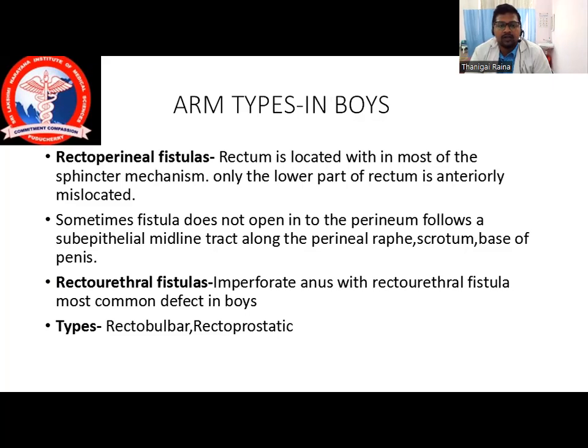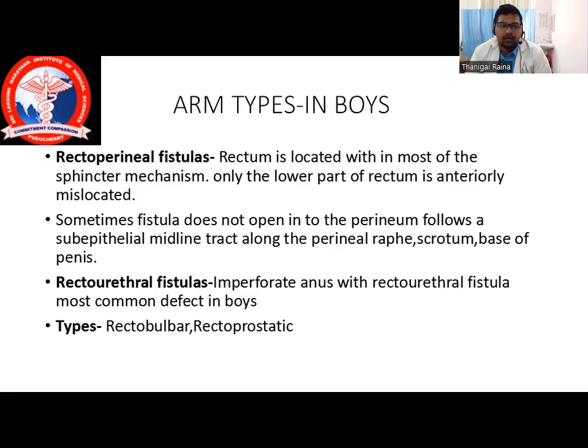Only the lower part of the rectum is anteriorly mislocated. Sometimes the fistula does not open into the perineum, but follows a subepithelial midline tract along the perineal raphe, scrotum, and base of the penis. So that is rectoperineal. The sphincter mechanism will be good in these patients, but the rectum will open in the midline along the perineal raphe, scrotum, or base of the penis.